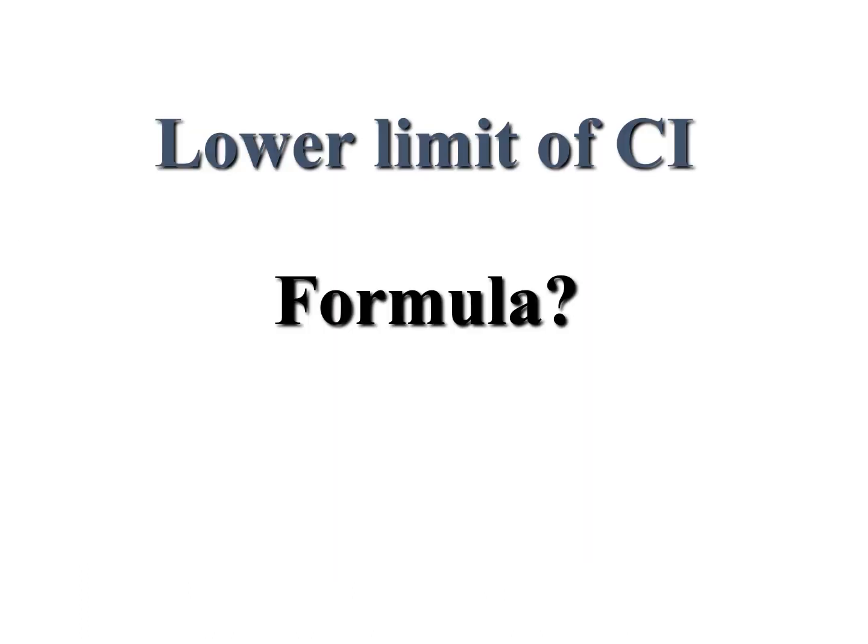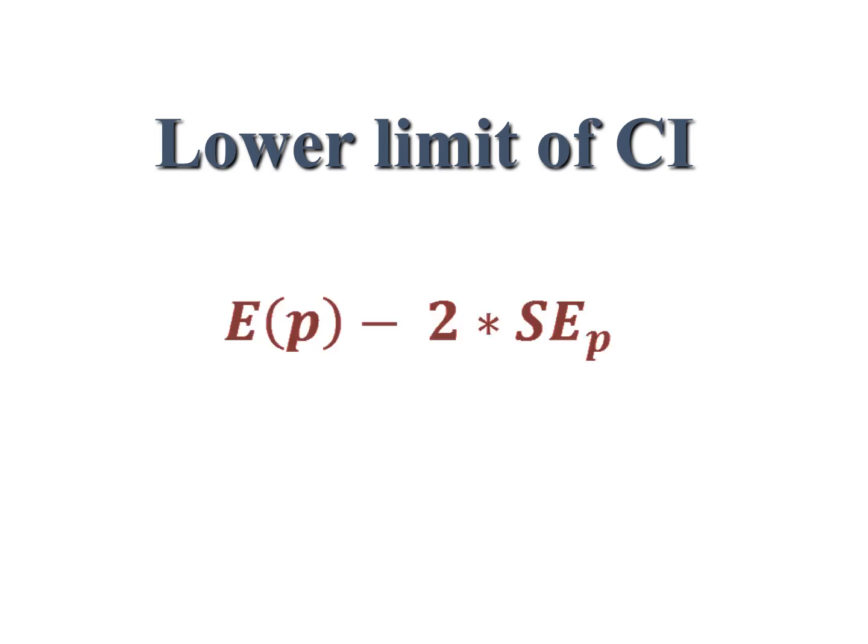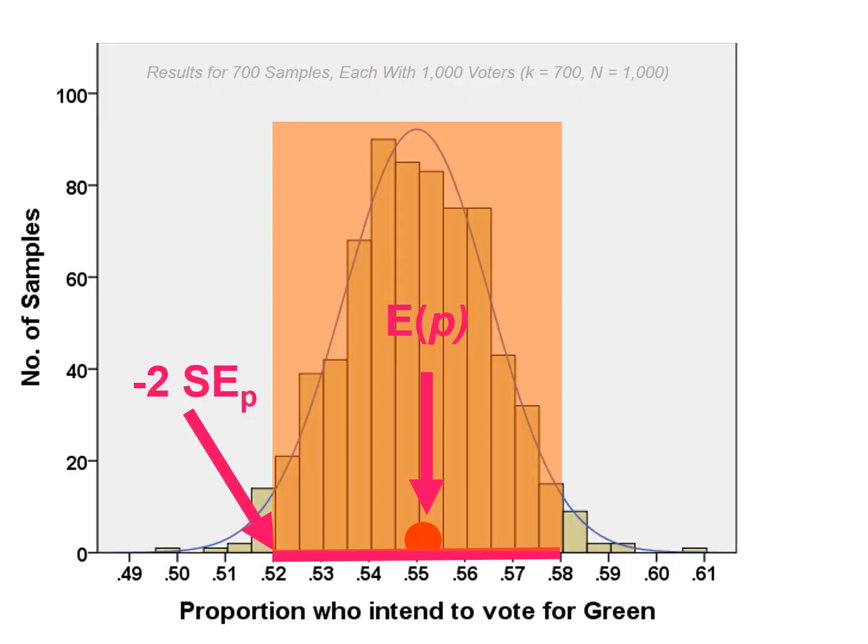So the lower limit formula is going to be very similar. However, we are now looking for the value 2 standard errors below the expected value of p. So now instead of adding, we're subtracting 2 standard errors from the expected value. Essentially, we're finding the value at 2 standard errors below the expected value of p.